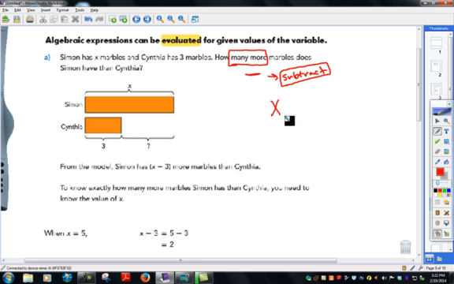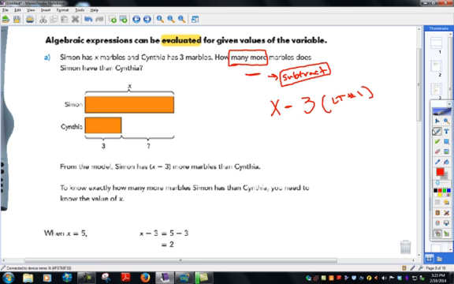Well, if he has X marbles and she has 3 marbles, then we're going to take X and take away 3. This is going back to learning target number 1 now, making algebraic expressions from this kind of situation. You're trying to figure out how many more. Well, you're going to take however many Simon had, you're going to take away the 3. That'll tell you how many more he has.